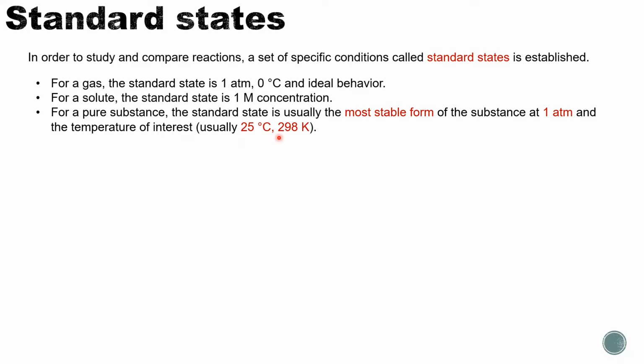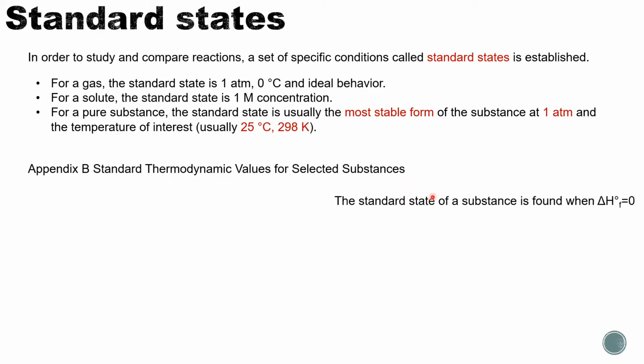So how do we find the most stable form of an elemental substance at the standard state? We can refer to handbooks, or we can use our Appendix B, standard thermodynamic values for selected substances. For each substance, we should look for the delta H°f that equals 0.